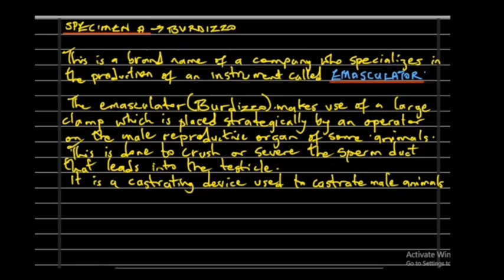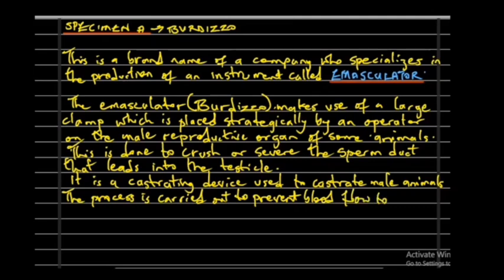So this process of crushing the sperm duct is carried out to prevent blood flow to the testicles, and this in turn results in a particular problem of the testes called testicular necrosis.